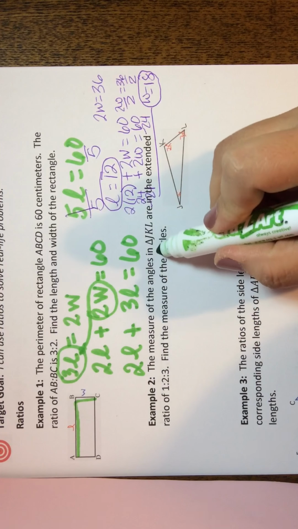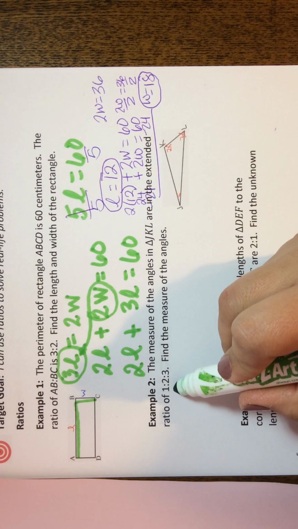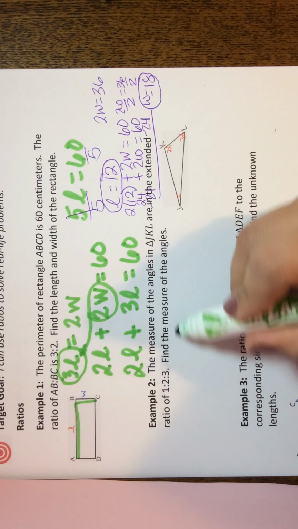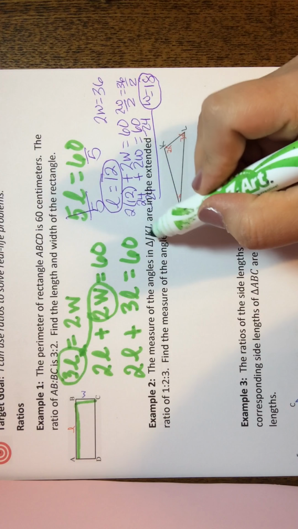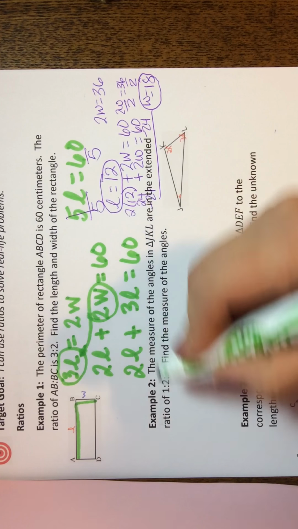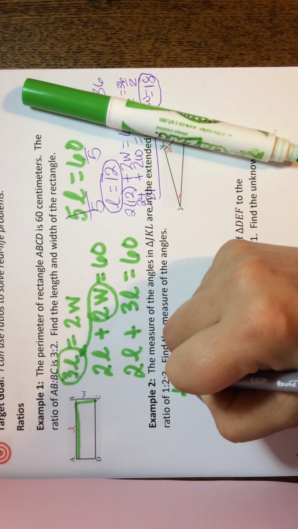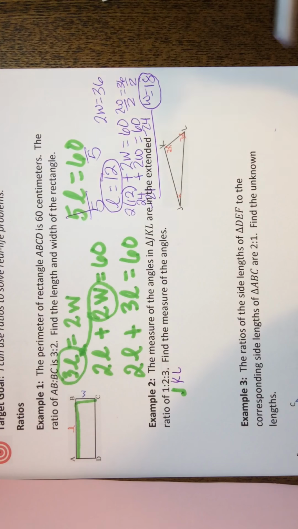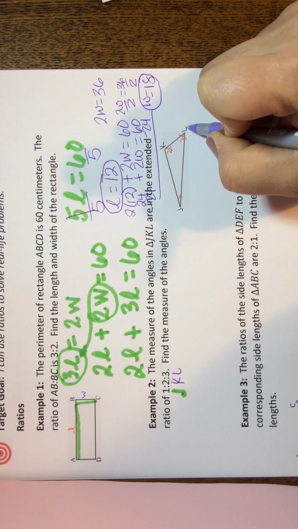The measure of the angles in triangle JKL are in the extended ratio of 1 to 2 to 3. Find the measures of the angles. So notice that this is triangle JKL. So this is J, K, and L. That means angle J is X, angle K is 2X, angle L is 3X.